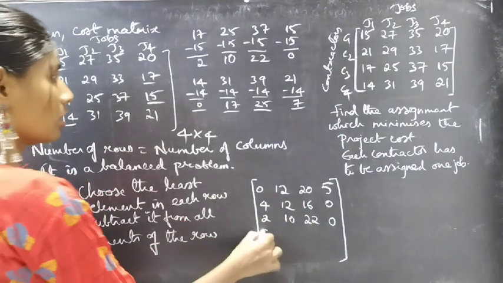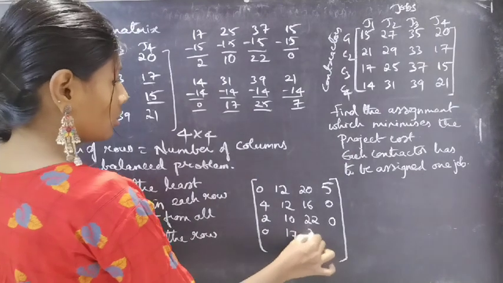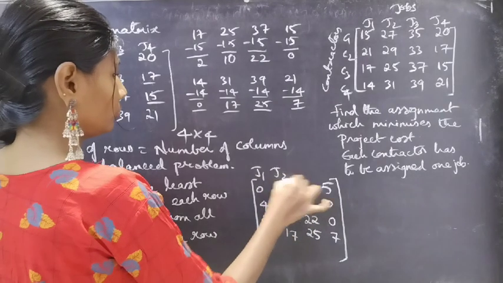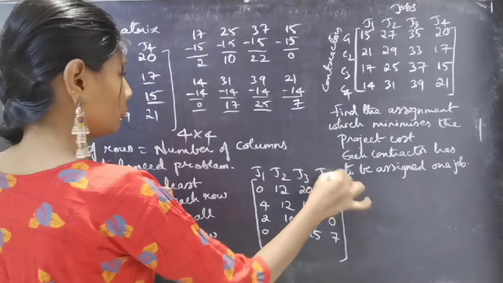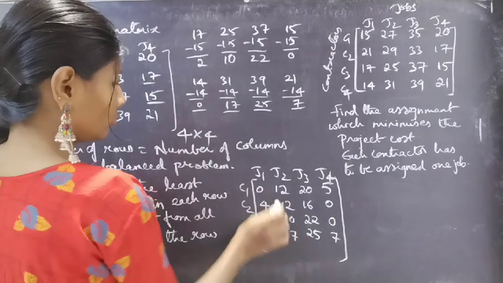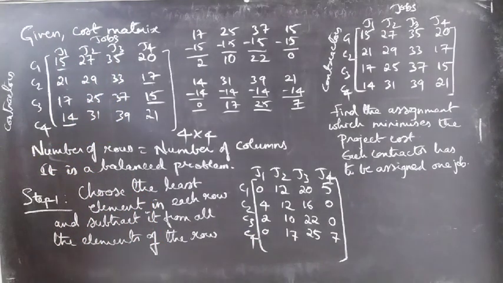So here you'll get 0, 17, 25, 7 in the last row. This is the reduced matrix.